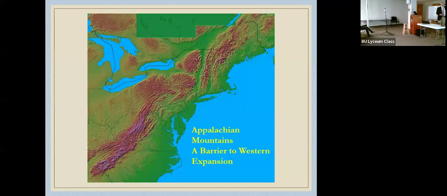The reason I show this slide is why these forts really constituted a barrier. The Appalachian Mountains, if you go through them at all, strip away the roads you're on, strip away any modernity at all. If you want an example, it's relatively easy.